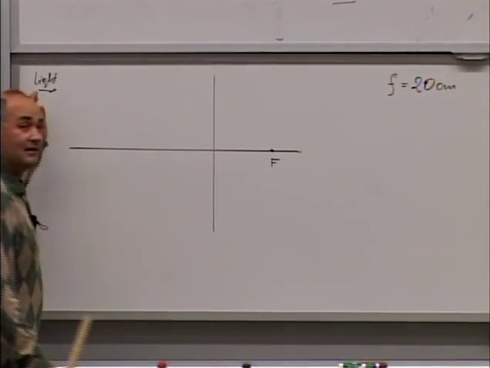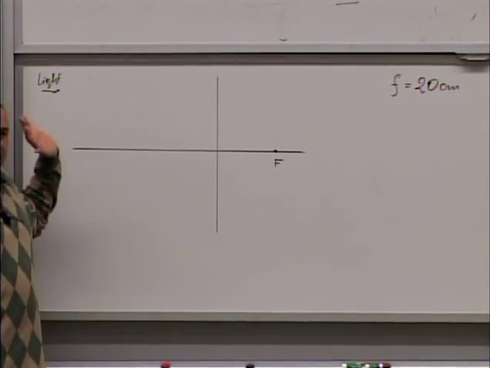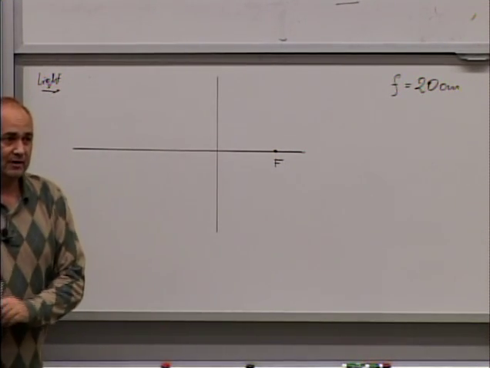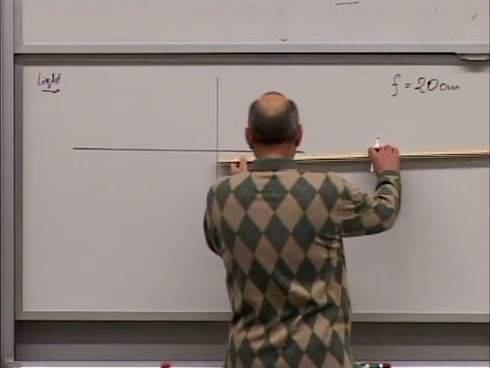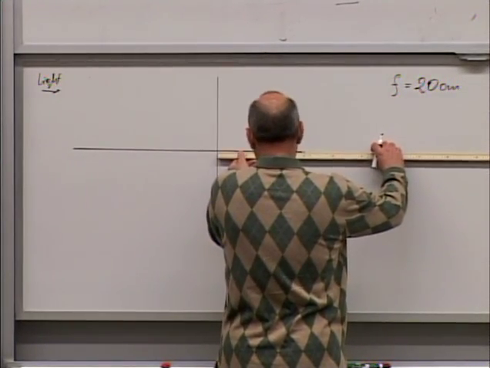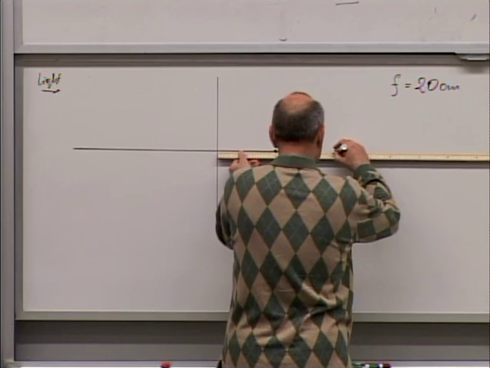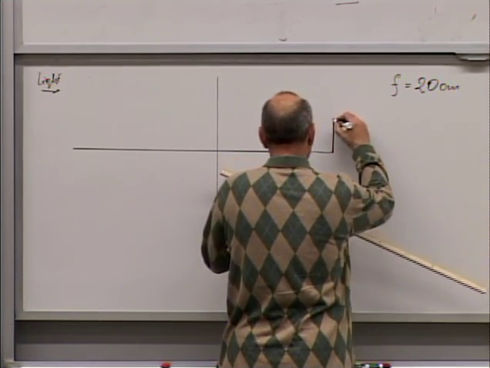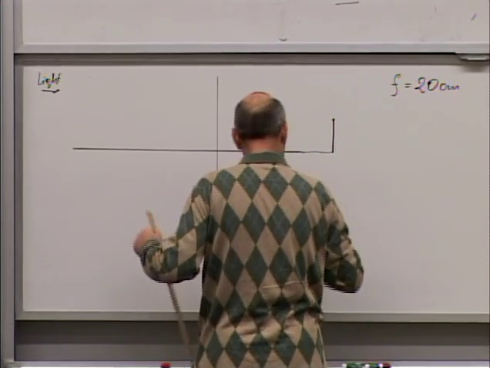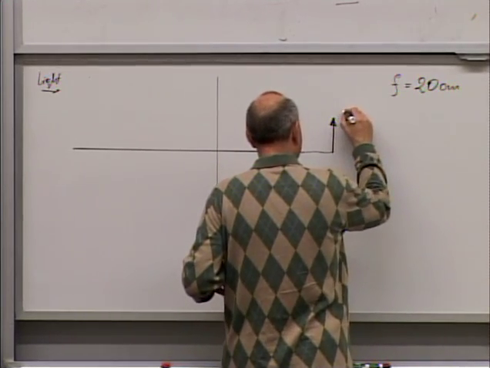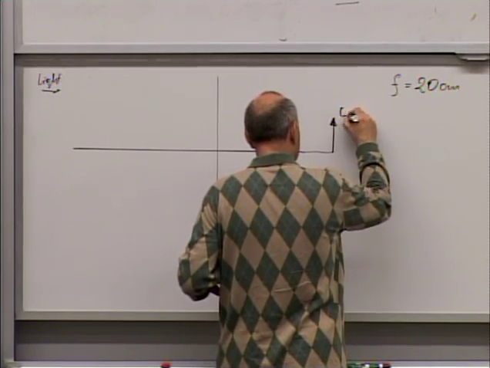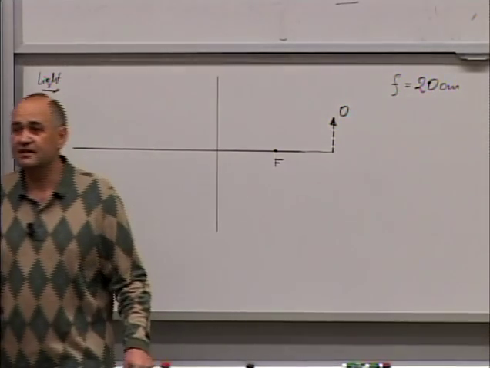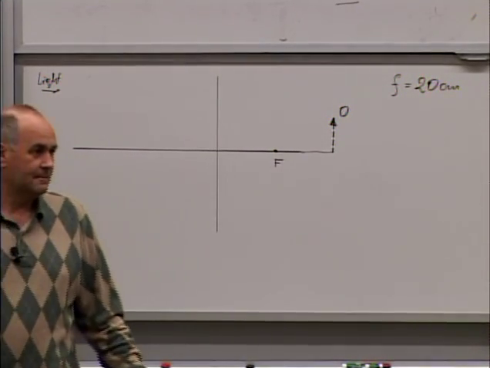Well, light is coming from this side, and if it is a virtual object, it means that the rays converge to a point on the other side of the mirror. So over here we have the object, and I will mark it with a broken line to indicate that it's a virtual object.